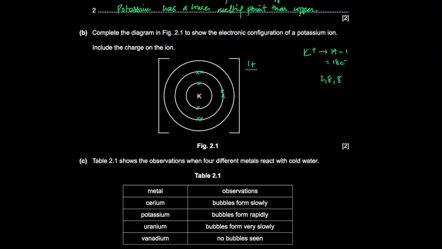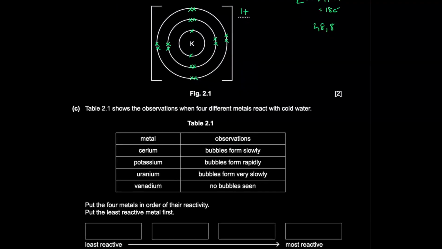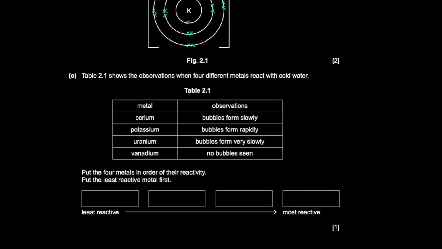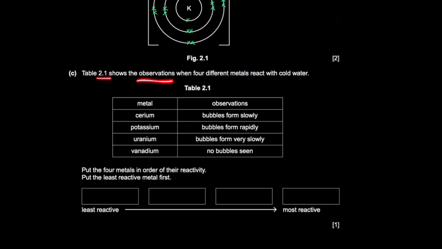You can use dots or crosses, either one is fine. And then 8. 2, 8, 8. All right. Table 2.1 shows the observations when 4 different metals react with cold water.